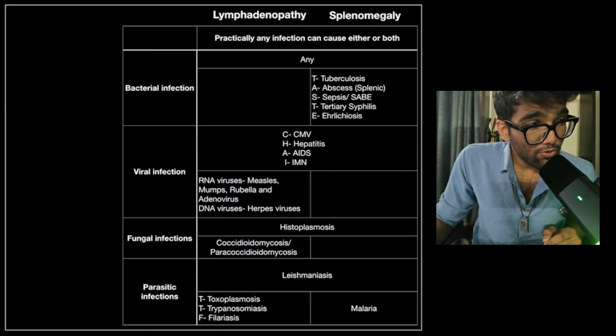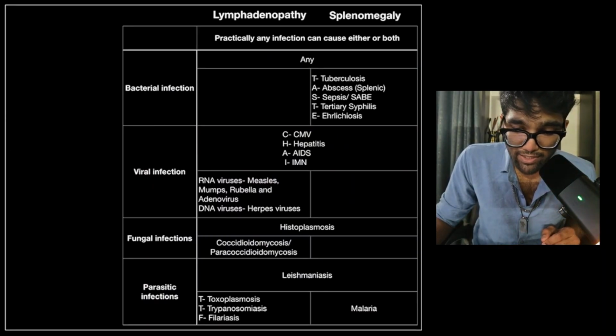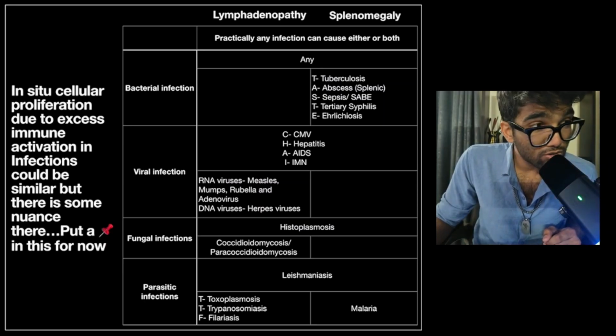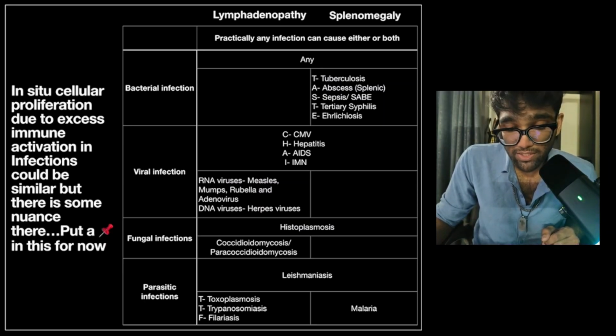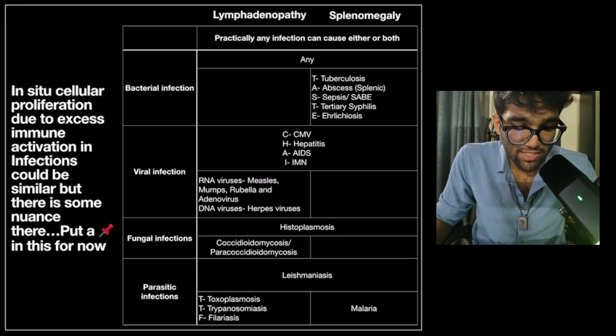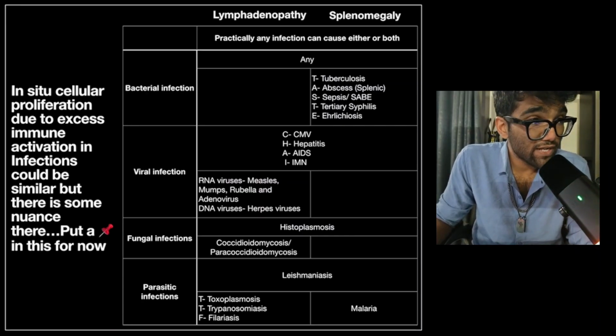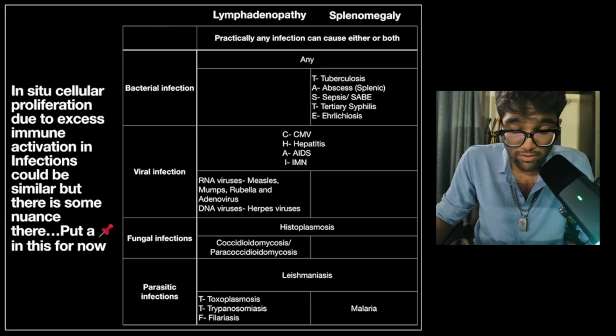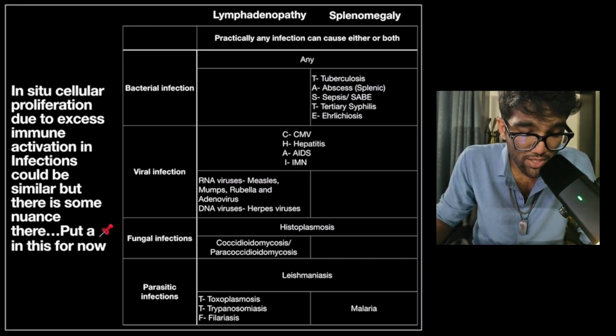Similarly, lymphadenopathy and splenomegaly as a part of infection would also cause significant florid hyperplasia. Although, as we've just seen, immune activation in infections can activate multiple cell types. Because of that, there could be mixed changes or it could involve multiple compartments within the lymph node. So, what we'll do is we'll just put a pin in this for now and we'll get back to this later. Okay.